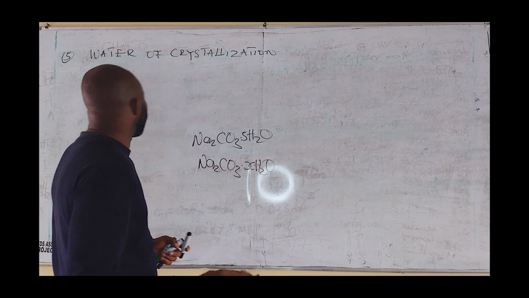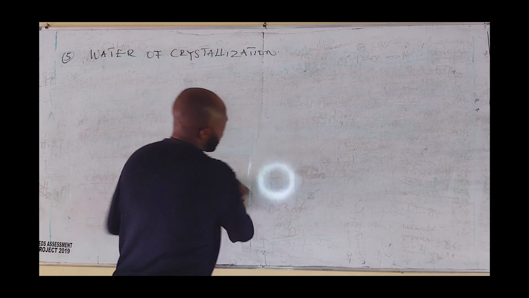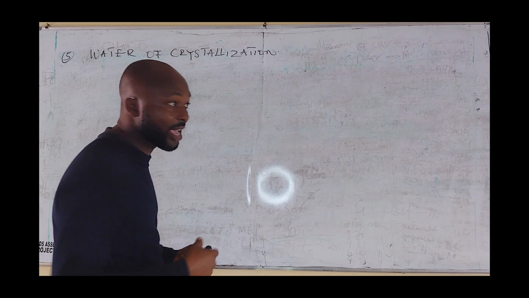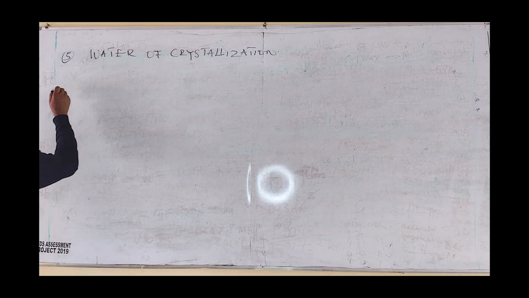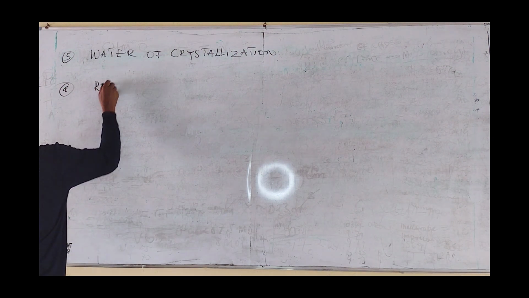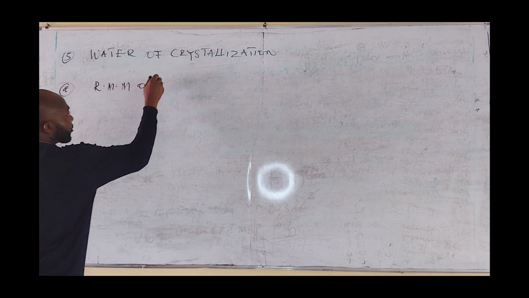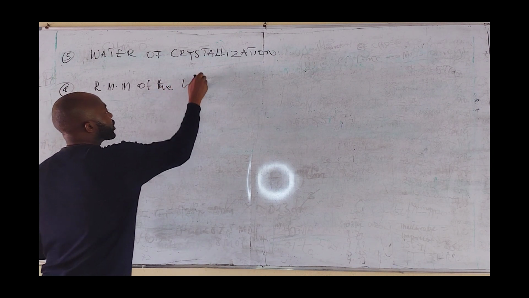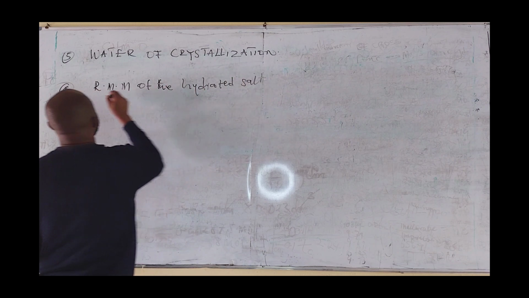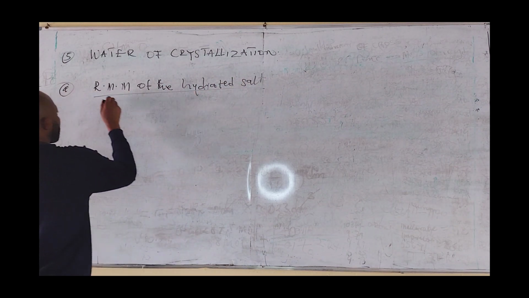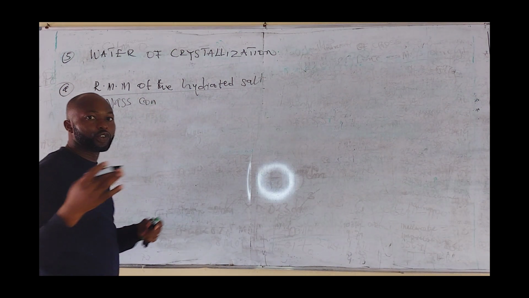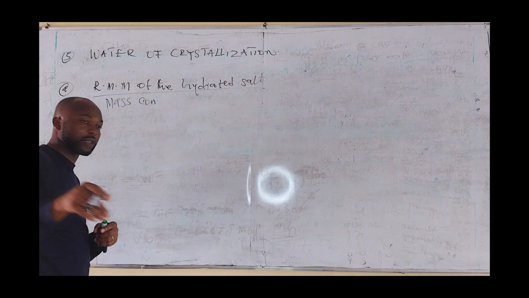So like I said, for us to know the number of moles of water of crystallization, which is the X, we have the relative molecular mass of the hydrated salt over the mass concentration. Permit me to use con as abbreviation for concentration.